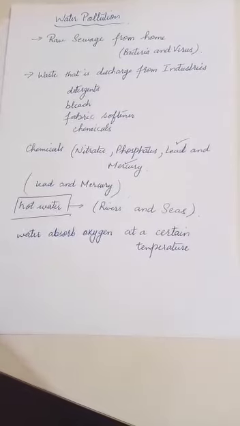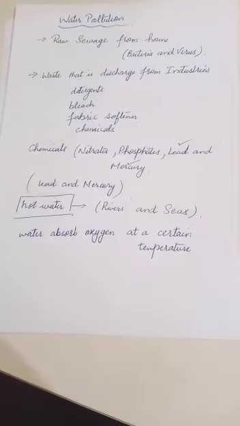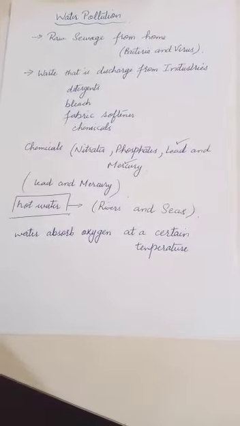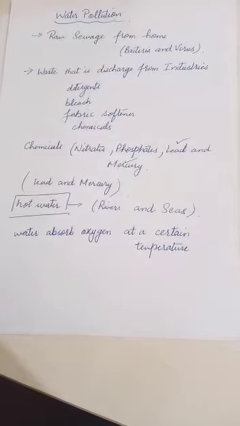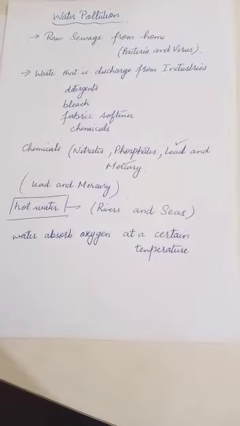The oxygen which is absorbed in the water is discharged into the atmosphere, and the availability of oxygen for aquatic life decreases, and that affects the aquatic life beneath the water. Okay.